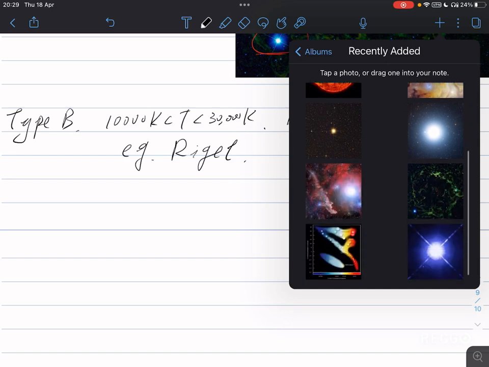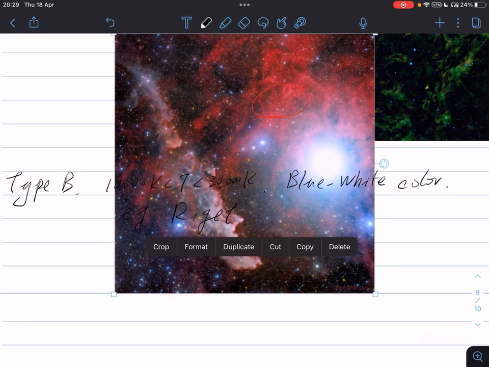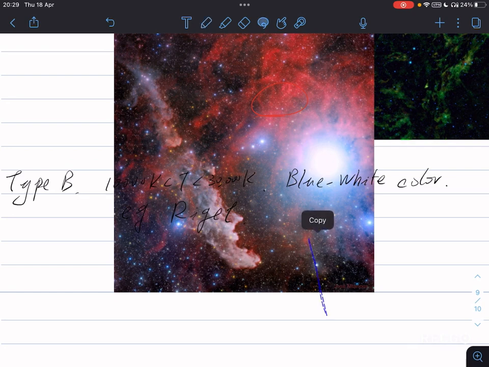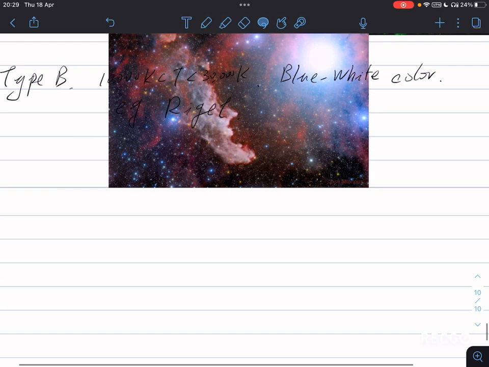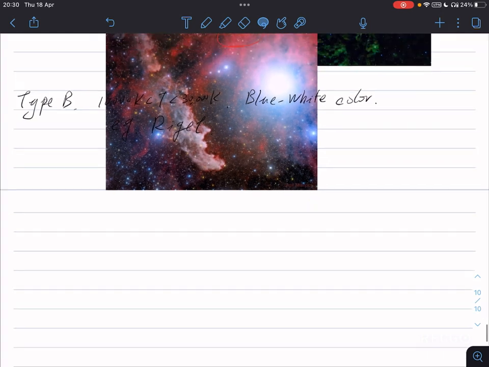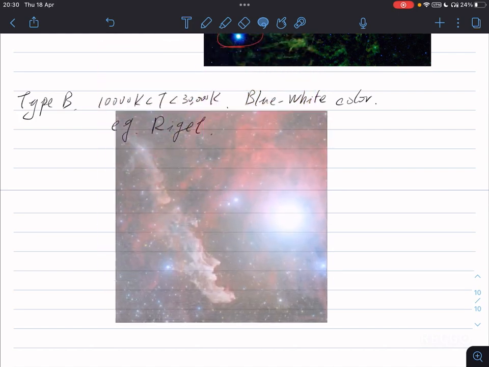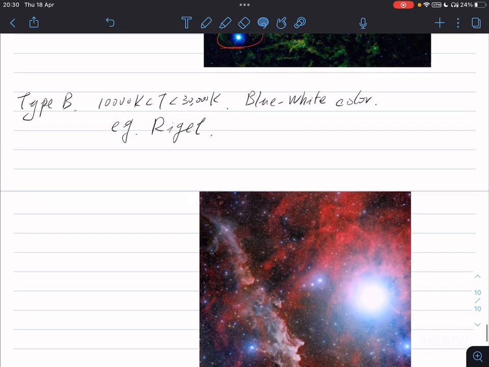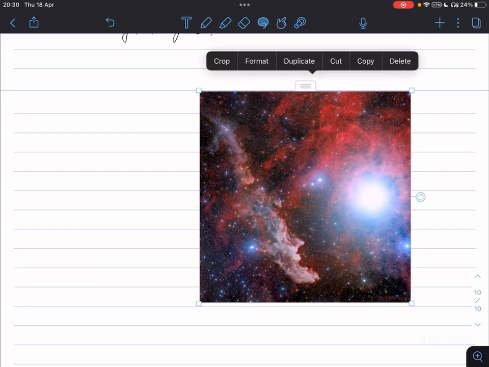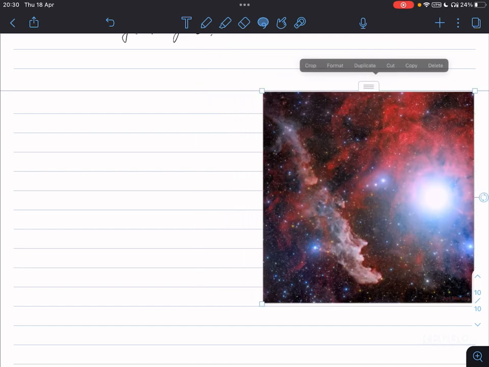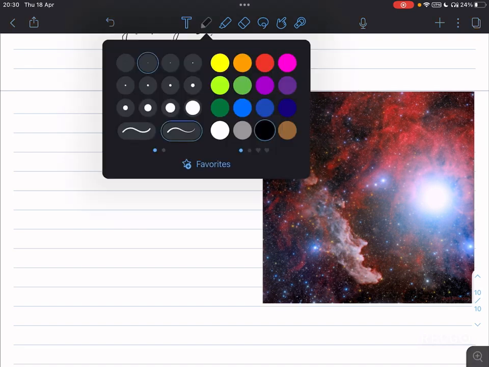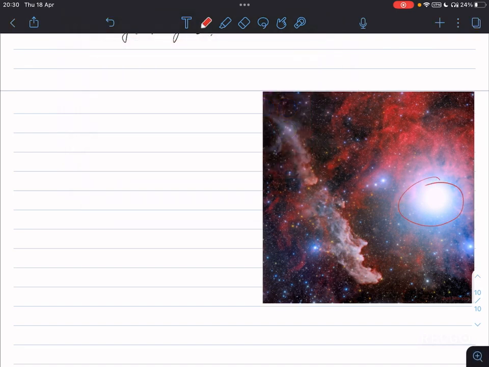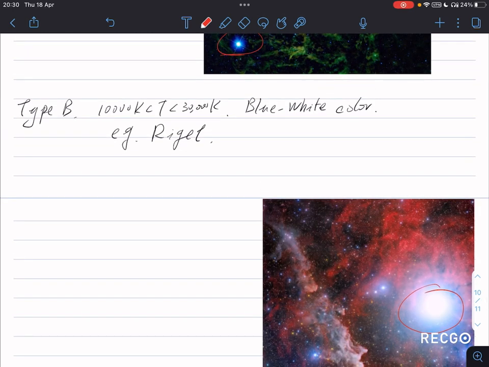We have its image as well. It's a blue giant, and the color is blue-white with the temperature between 10,000 and 30,000 Kelvin.